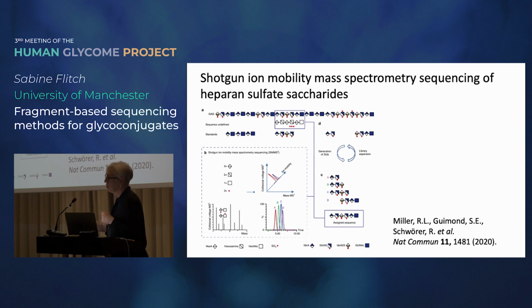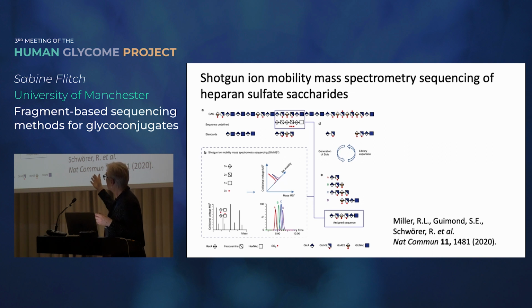And I just want to finish by saying that other groups are now using this. There's a very nice paper from Rebecca Miller and the Bagel group where they did this for GAGs. They wanted to know whether in this very large GAG that pentasaccharide or hexasaccharide sequence was there.